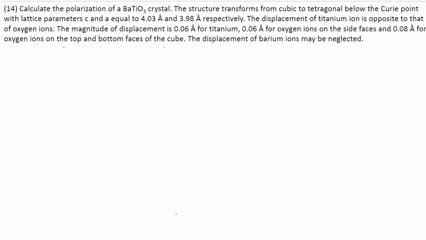The displacement of titanium ions is opposite to that of the oxygen ions. The magnitude of the displacement is 0.06 angstrom for titanium and 0.06 angstrom for oxygen ions on the side faces and 0.08 angstrom for the oxygen ions on the top and bottom faces of the cube. The displacement of the barium ions may be neglected.